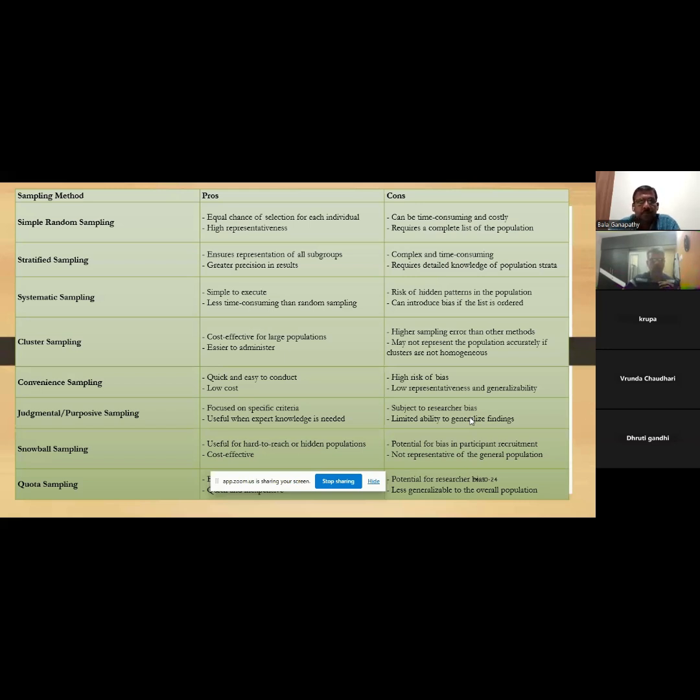Purposive sampling. For example, if I want to know the perceptions or experience of physiotherapists practicing in Anand, their perception and opinion about physiotherapy, how patients are there, like that, then I cannot ask one person who started practice yesterday.